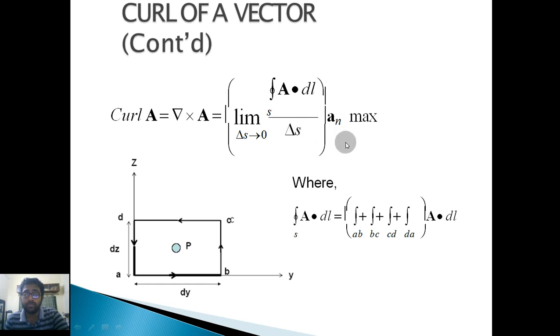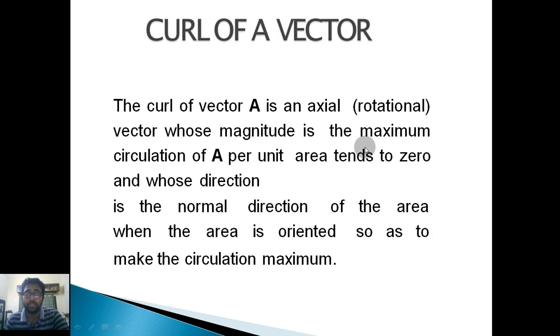Now the significance of the curl of vector A can be described using this mathematical representation. If we go back to the definition, the curl of a vector A is an axial or rotational vector whose magnitude is the maximum circulation of A per unit area as it tends to 0, and whose direction is the normal direction of the area when the area is oriented so as to make the circulation maximum.